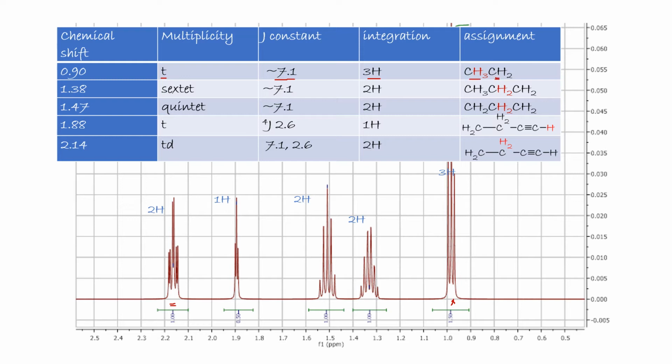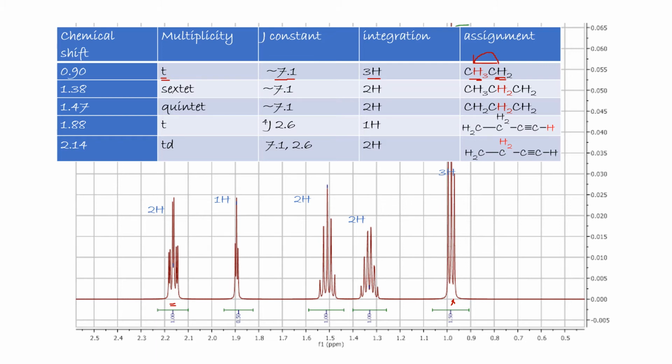Remember the rule 2nI plus 1, I for proton is half, so it turns the equation into n plus 1. We have here 2 hydrogens plus 1, so these CH3 protons will show up as a triplet.